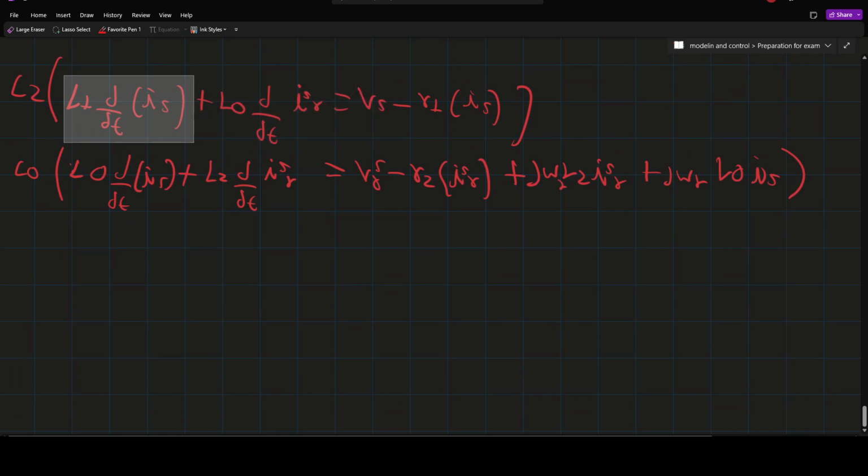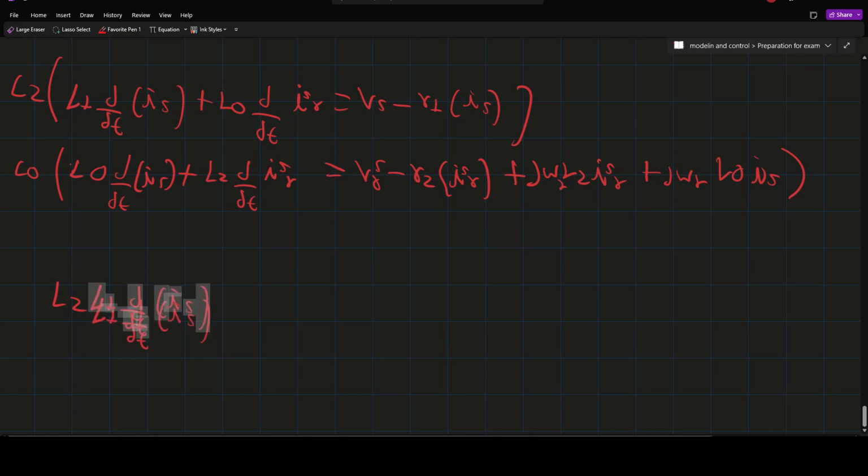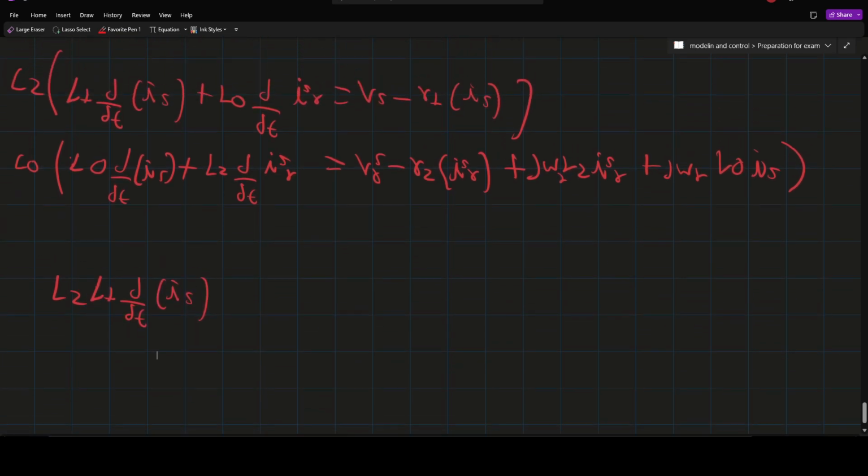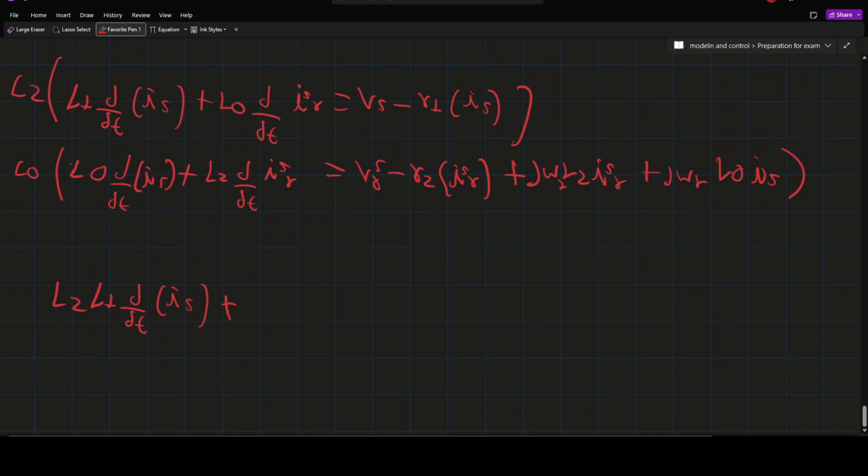So this is gonna give us L2 times L1 di/dt of IS plus L2 times L0 di/dt of ISR equals L2 that multiplies all of this.